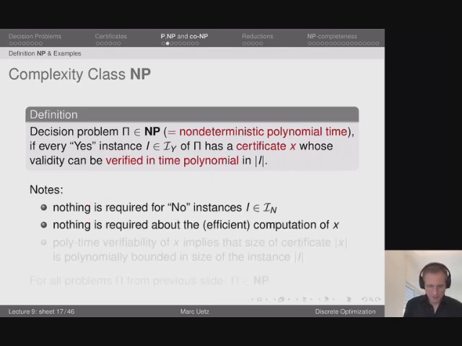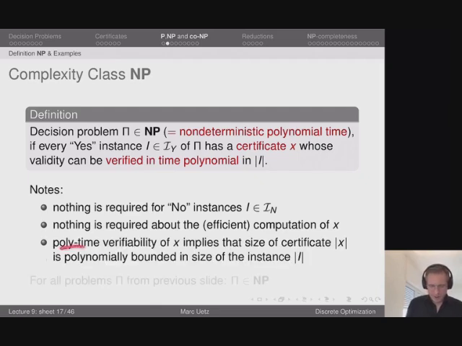Also, nothing is required about the computation of this proof, this certificate X. It is just given. Only the existence is required, not that we can compute it in polynomial time, for instance. And the polynomial time verifiability of this certificate X implies that the size of the certificate can only be polynomial in the size of the input instance.